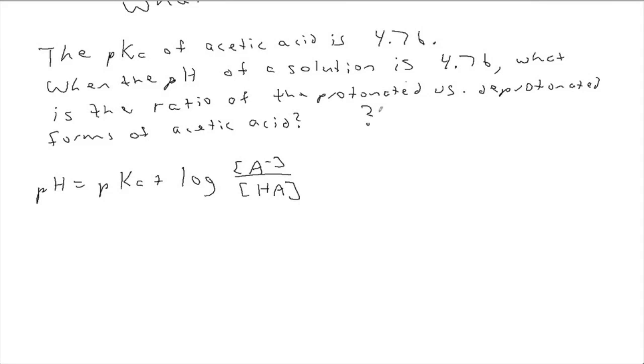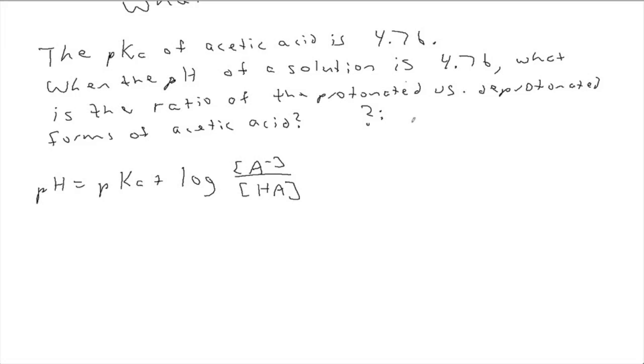Now, what's this question asking us for? What would be a good way to write what the question is asking us for mathematically? What is the ratio of x to y? What would be better symbols for x and y here?